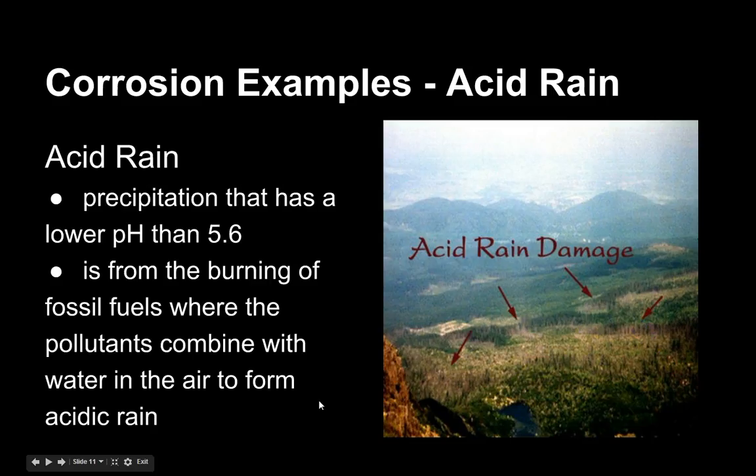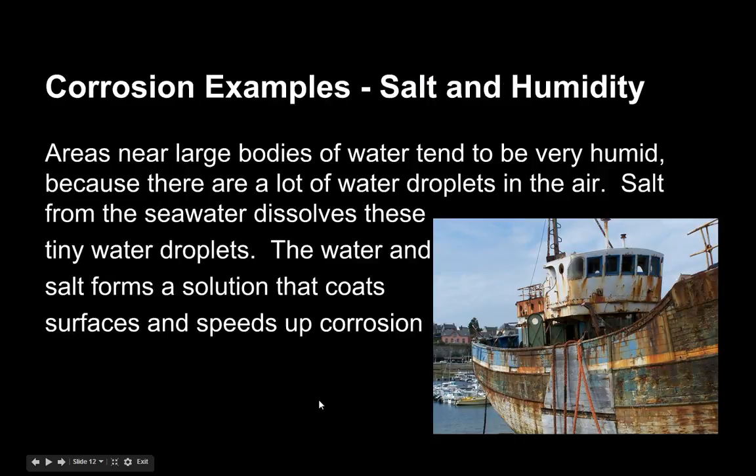Now, salt and humidity are also corrosion examples, and areas near large bodies of water tend to be very humid, so there's a lot of moisture in the air. And because there's a lot of water droplets in the air, the salt from the seawater dissolves in these tiny water droplets. And the water and the salt form a solution that coats surfaces and speeds up the corrosion.